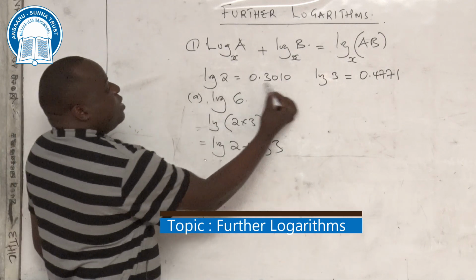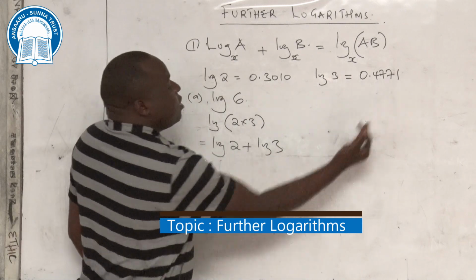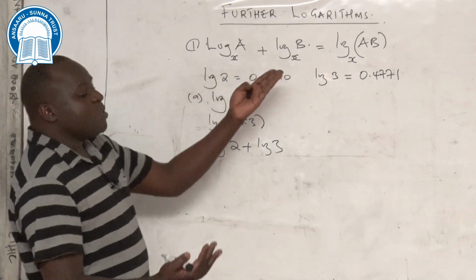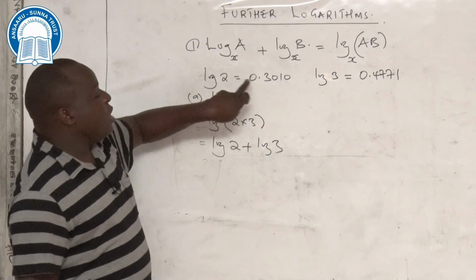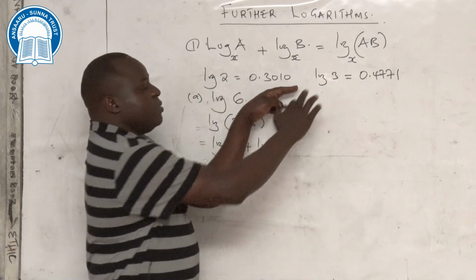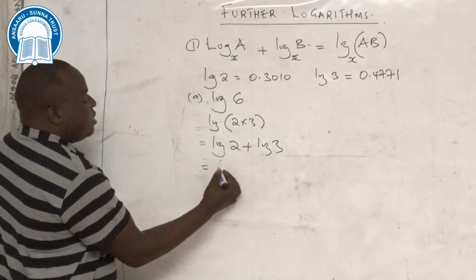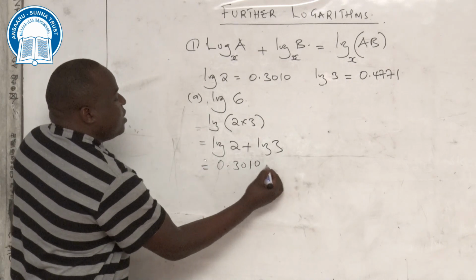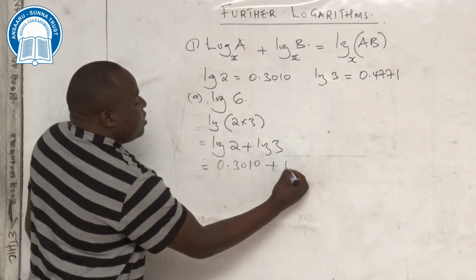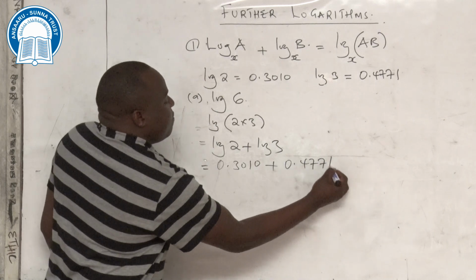Then they said log 2 is this, and log 3 is this. So what you do is just substitute those values. Any place you see log 2, you put this value. Any place you see log 3, you put this value here. So this becomes, log 2 is 0.3010, plus the next one is 0.4771.